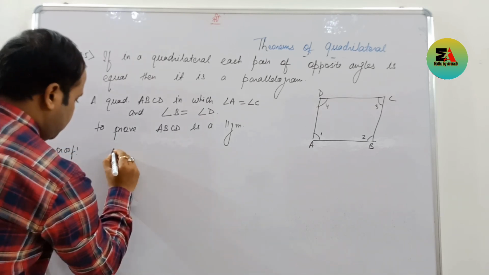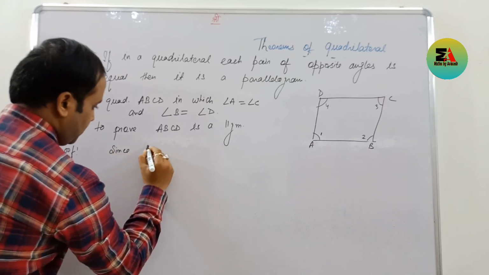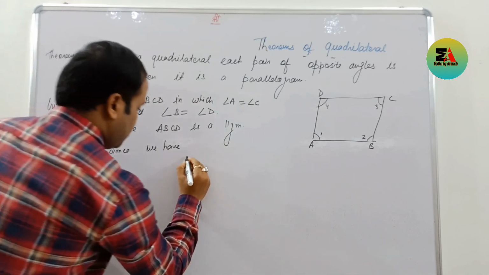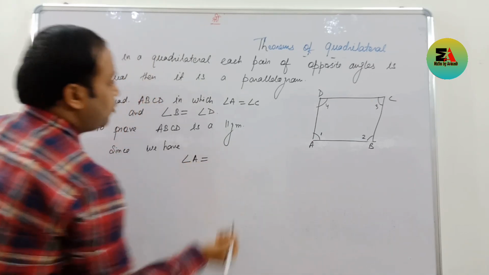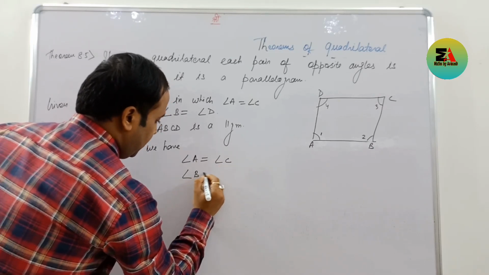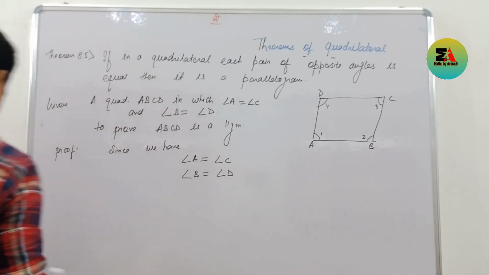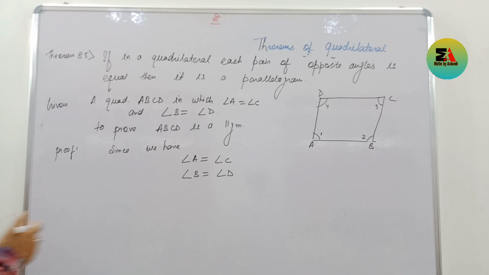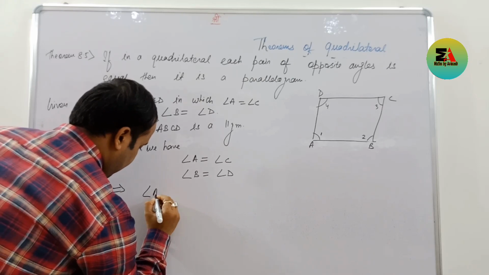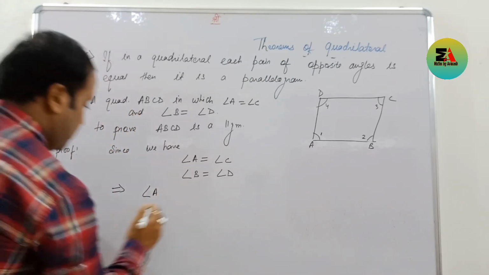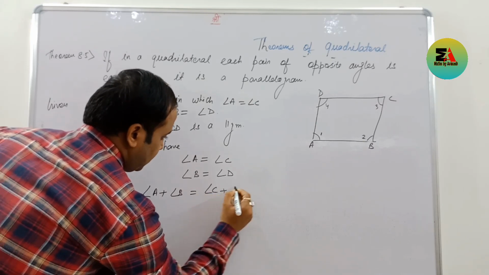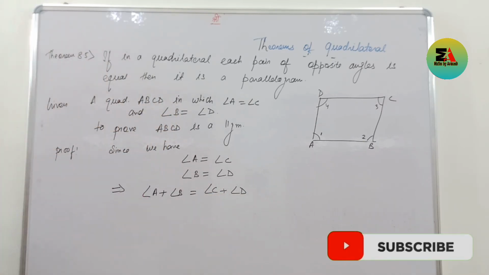Since we have angle A equal to angle C and angle B equal to angle D, this is already equal, and then what do we write? See, angle A plus angle B, angle C plus angle D. We have to write like that.